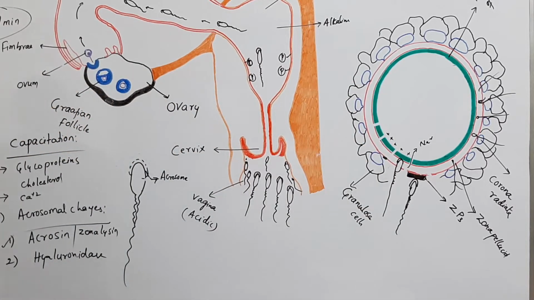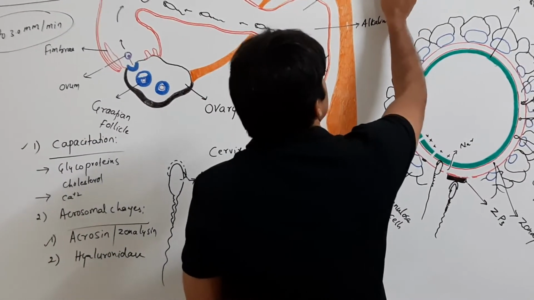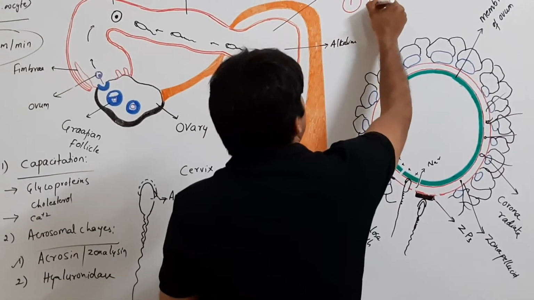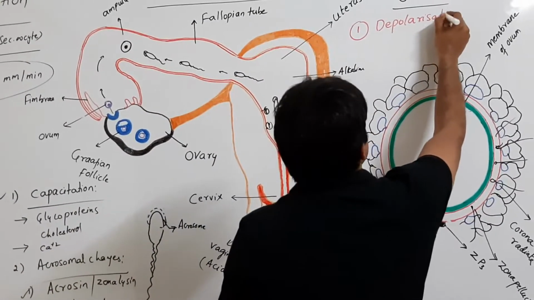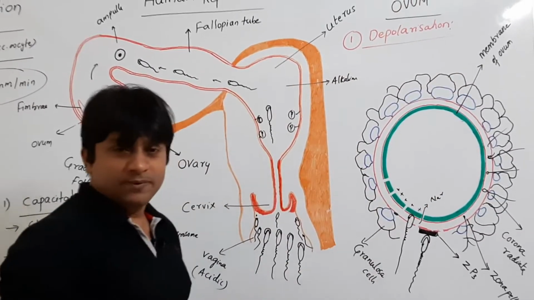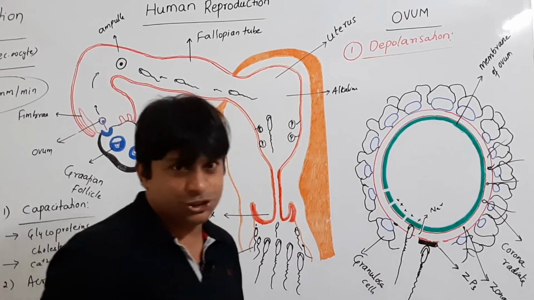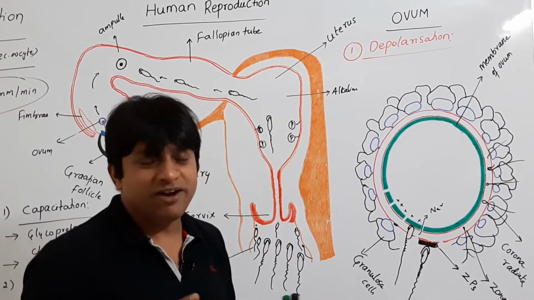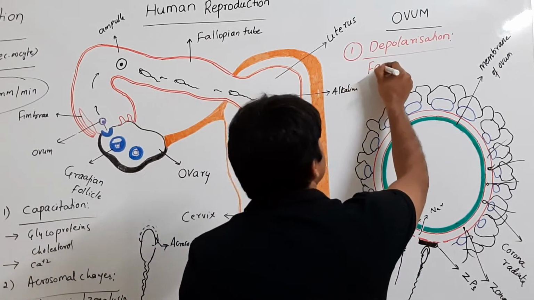Listen carefully, this is called the first depolarization. This depolarization of the membrane of the ovum does not allow the next sperm to touch it, which prevents polyspermy. This is called the fast block.